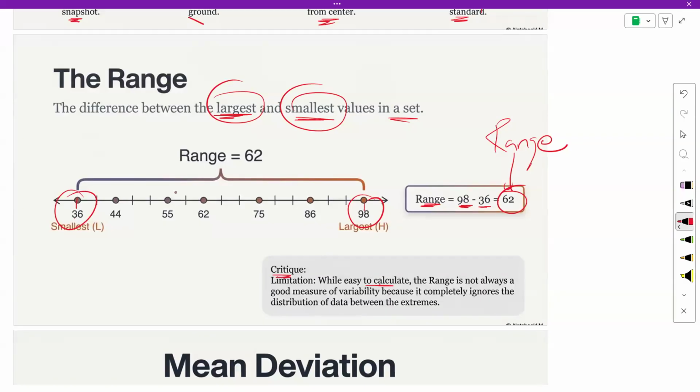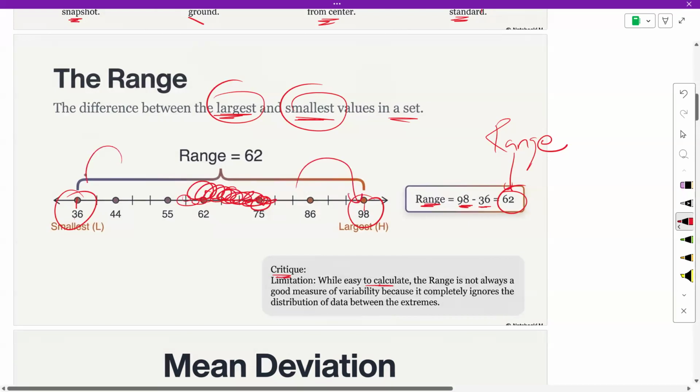Sometimes most of the data set may be plotted here, but it considers only the two extremes, the highest and the smallest, and there are very few observations in this area and this area. So it totally ignores these insights.